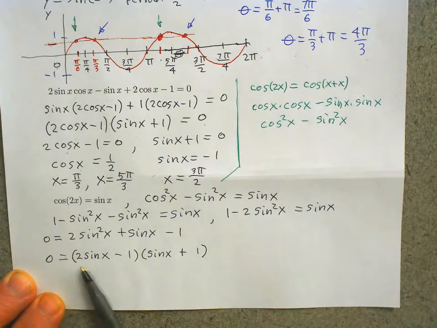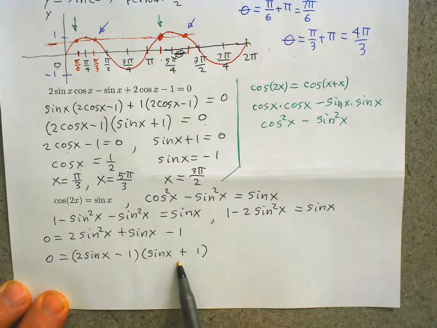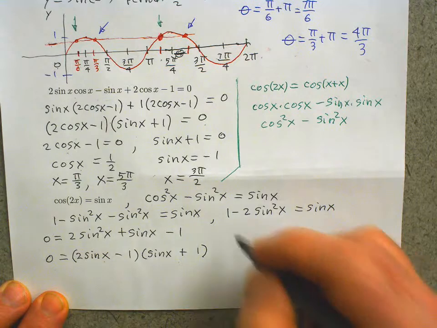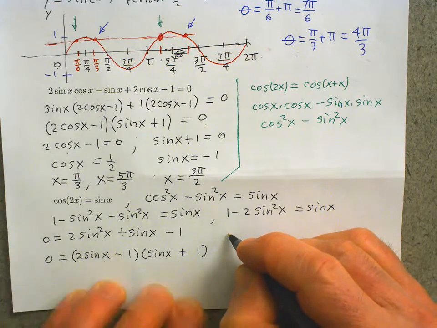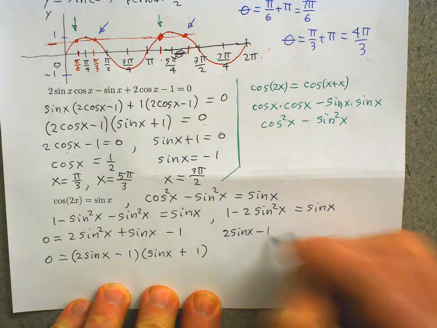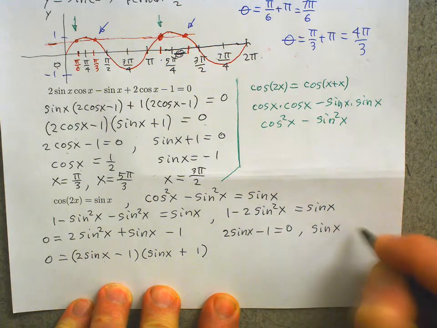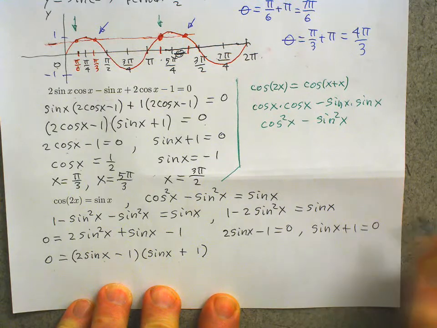And then you can verify just by looking that these are the correct factors. And since the product of those two factors is 0, we set each factor equal to 0 again. So 2 times sine of x minus 1 is 0. The other factor, sine of x plus 1, set that equal to 0.